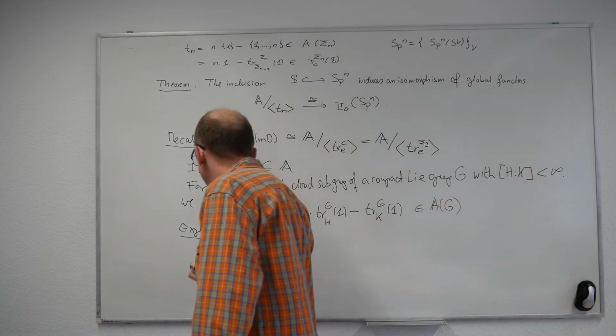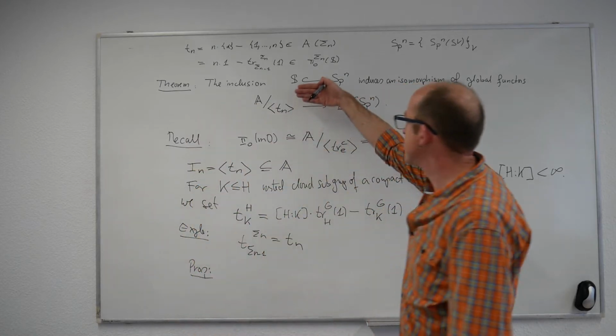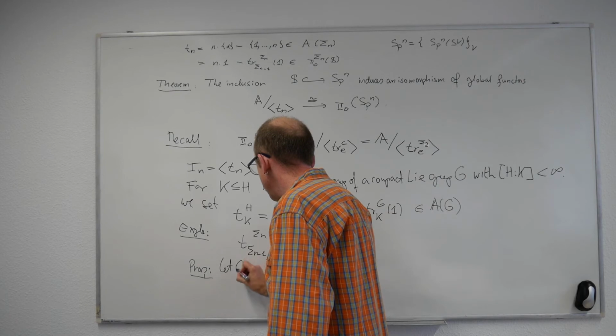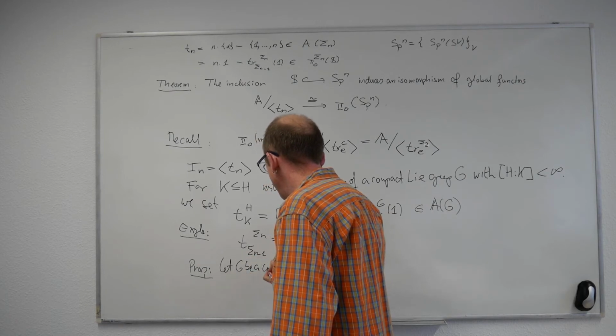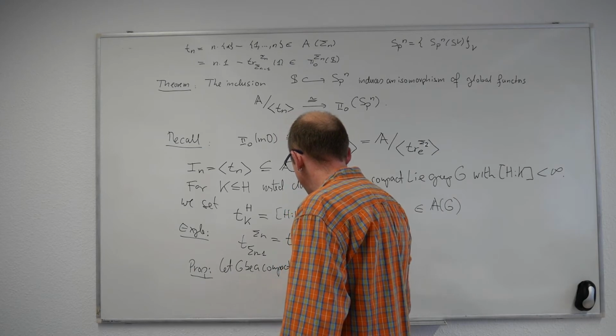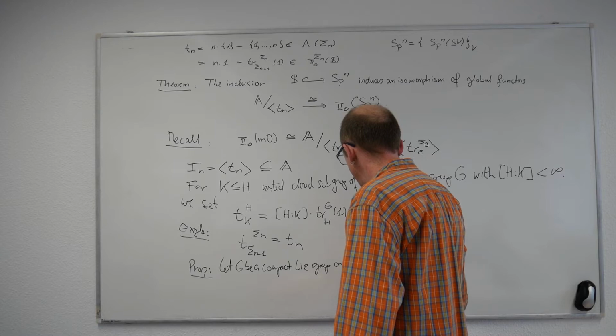Now here is the main proposition, which makes this result concrete, and it goes as follows. Let G be a compact Lie group, and n greater or equal to 2.